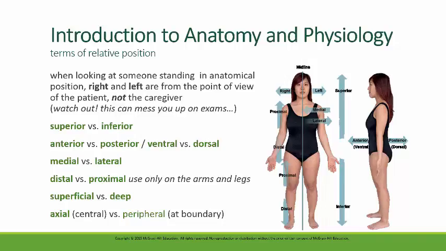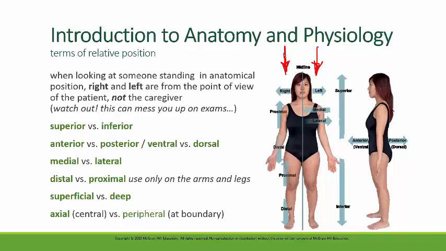From the perspective of the individual in the picture, not you. So just be careful with this. What that means is that this is the left side of the patient's body. This is the right side of the patient's body. If you can remember patients first, that will help you to keep that in mind.